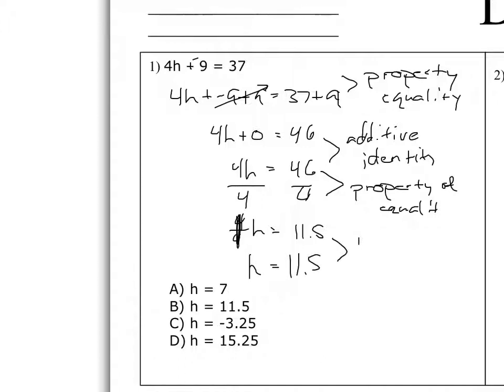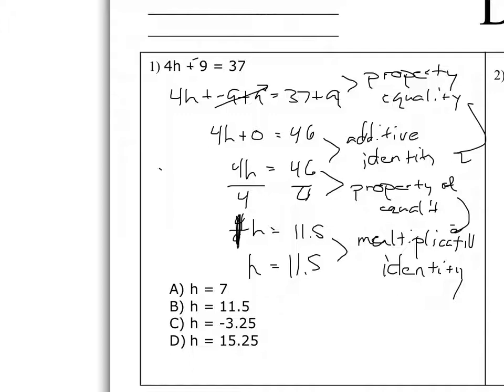So again, one thing that we always see is that we have operations where we have a property of equality. We're doing the same thing to both sides of the equation, leading to an identity property. So we see that happen twice here. Property of equality leads to additive identity. Property of equality leads to multiplicative identity.